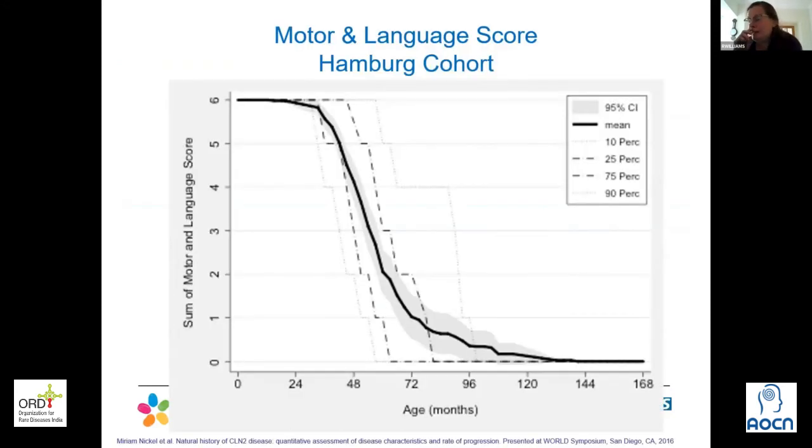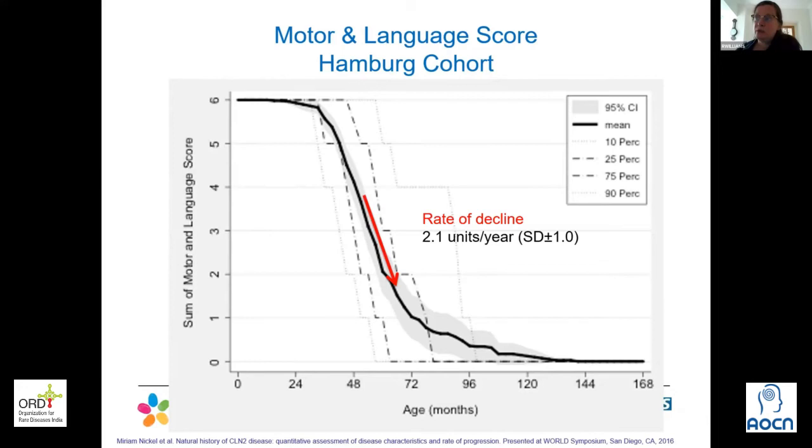And using the historical cohorts from that DEM child study that I spoke about earlier, the team in Hamburg were able to show that there is this unbelievably rapid disease progression, loss of skills between the ages of 4 and 6. And essentially you can quantify that using the simple motor scoring system, so that you get an approximate rate of decline of 2 units on the Hamburg scoring system per year.